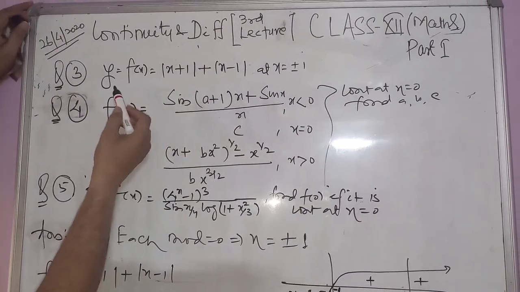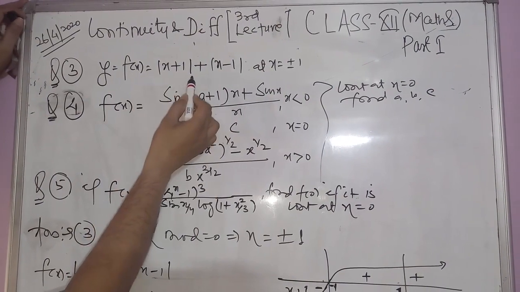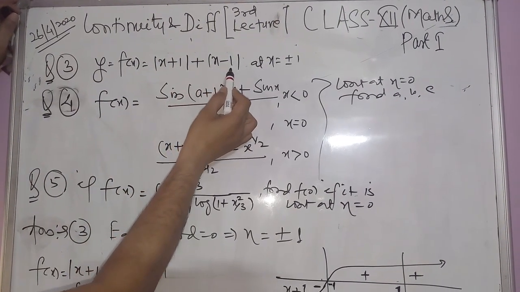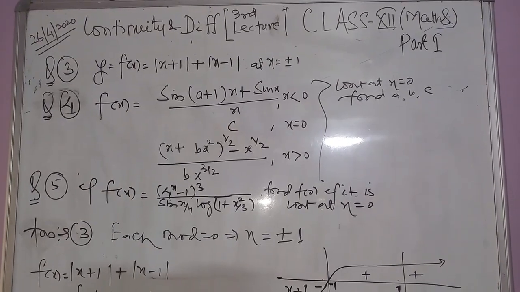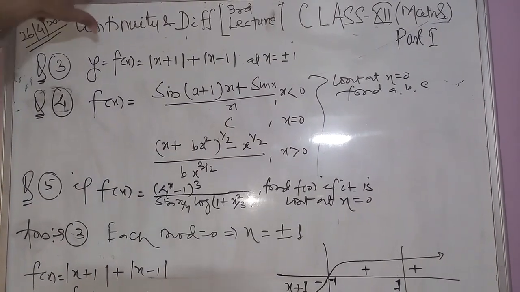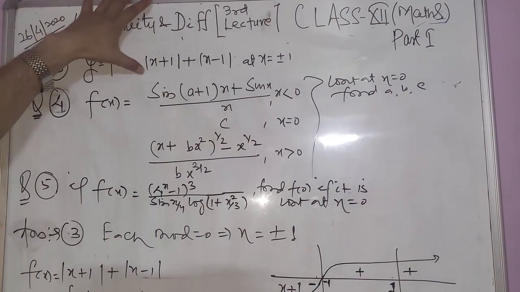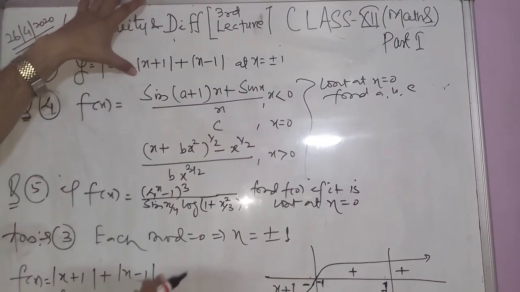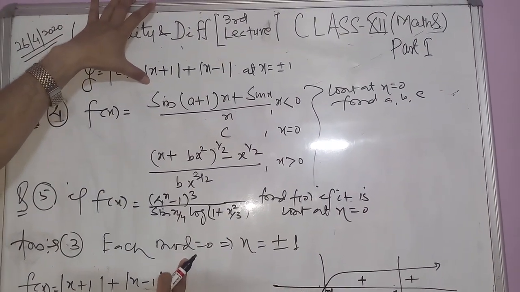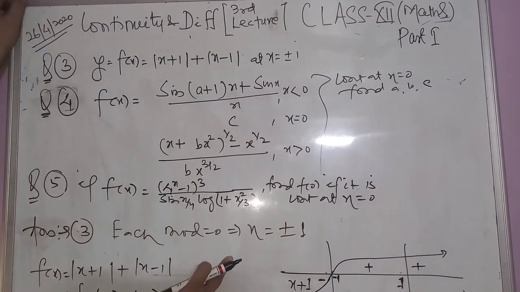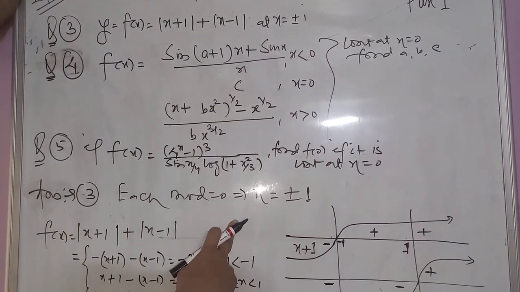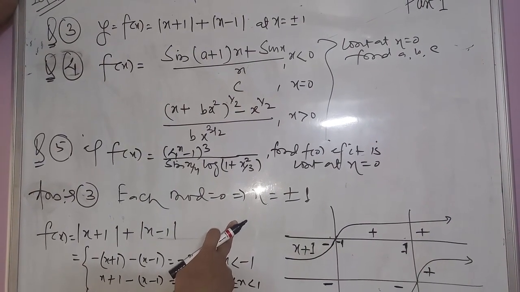Now we take third question, y equal to fx, modulus of x plus 1 plus modulus of x minus 1 at x equal to plus minus 1. Here first we remove modulus. For this, we take each mod equal to 0, x equal to plus minus 1. Here we adopt a shortcut method to remove modulus.